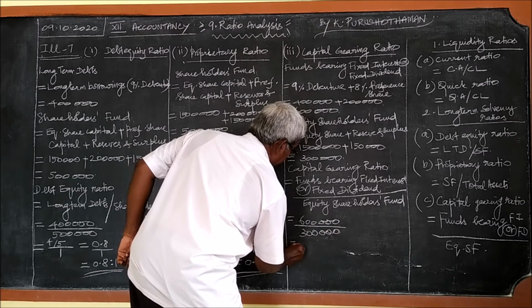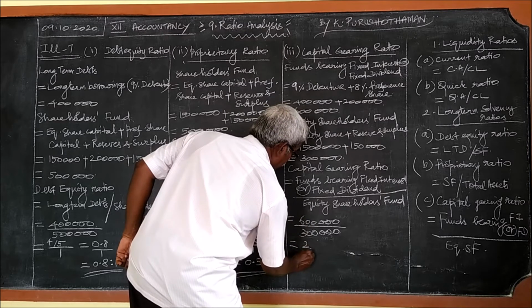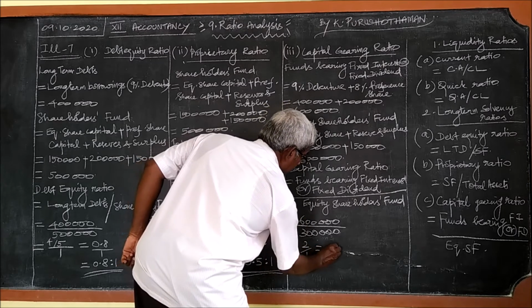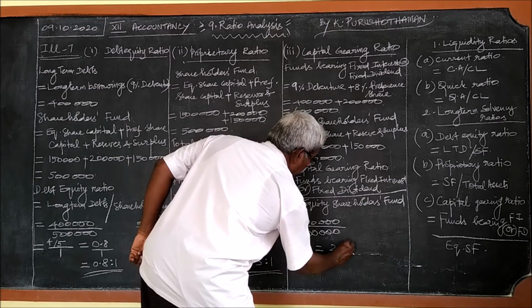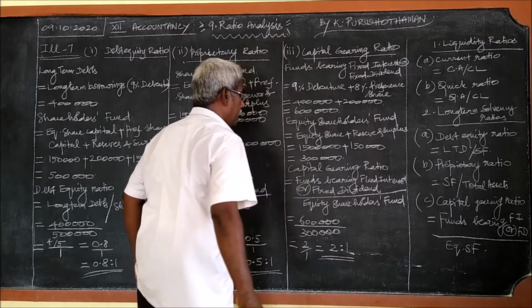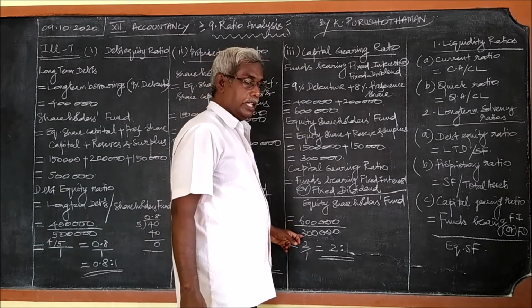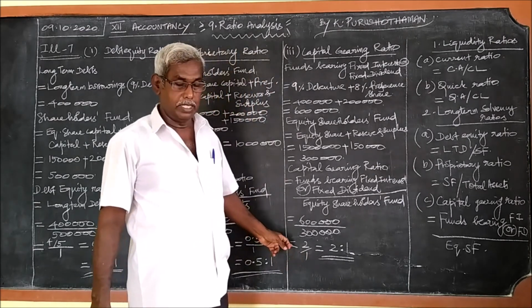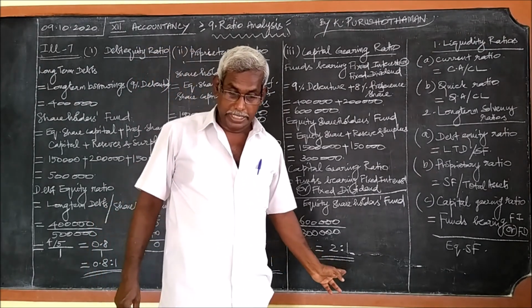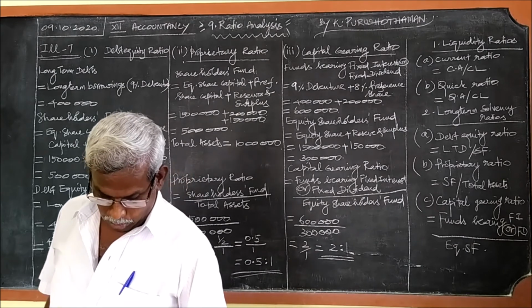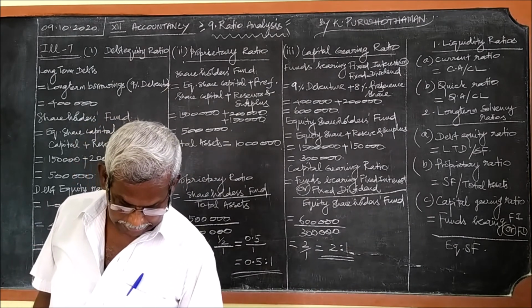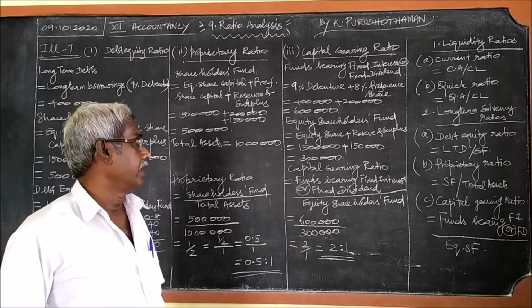If you simplify, 2 threes are 6, so 2 by 1, which is equal to 2:1. Because the 1 is already coming in the denominator, we can write this as 2:1. This is the third ratio.